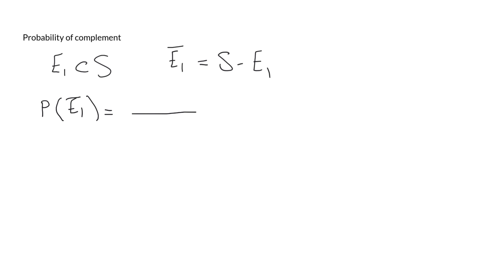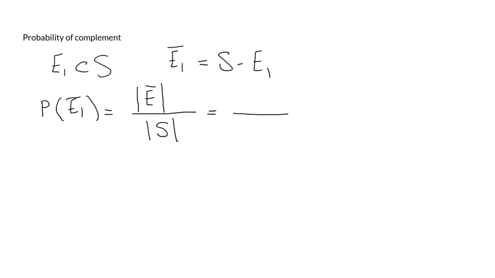It is by definition the number of elements in E1 bar divided by the number of elements in S. Because this is the complement, whichever element is in S and is not in E1 is in E1 bar.